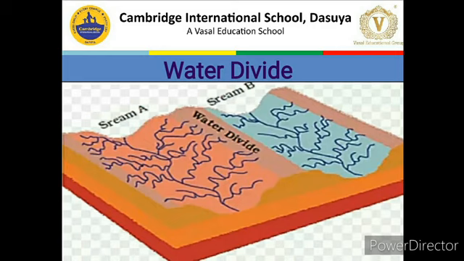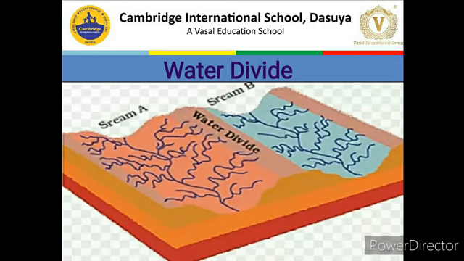Both are synonyms. As you can see in the picture, two rivers, basically two streams, stream A and stream B, are given. But both the streams are divided.